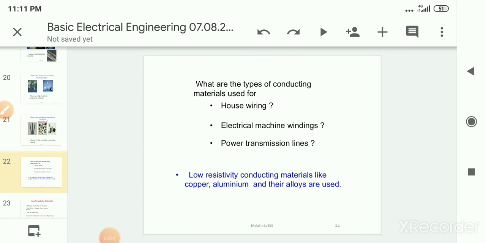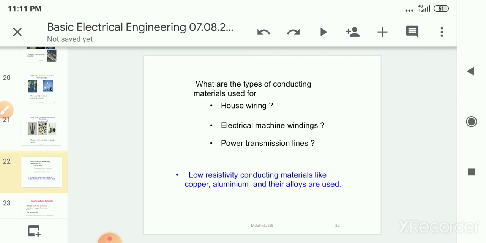What types of conducting materials are used for house wiring, electrical machine windings, power transmission lines, that type of application? There we use low resistivity conducting materials like copper, aluminum and their alloys.